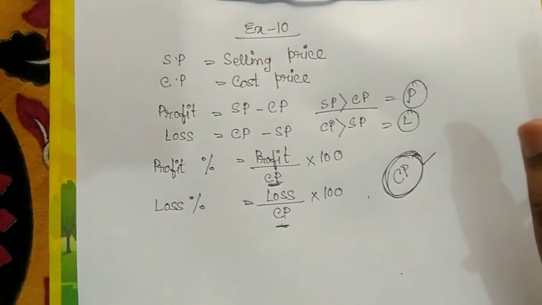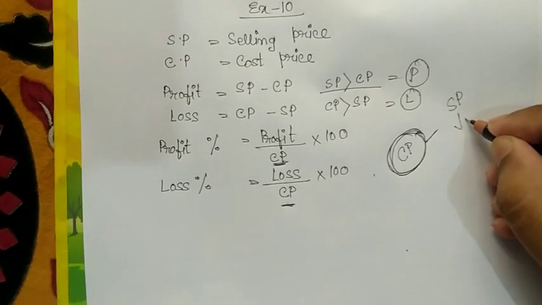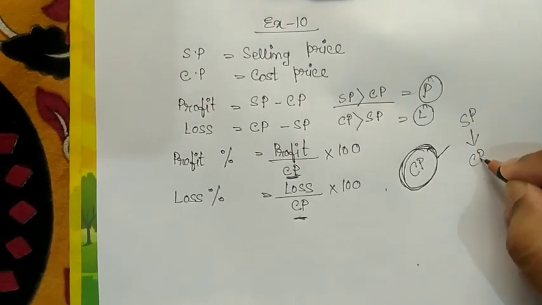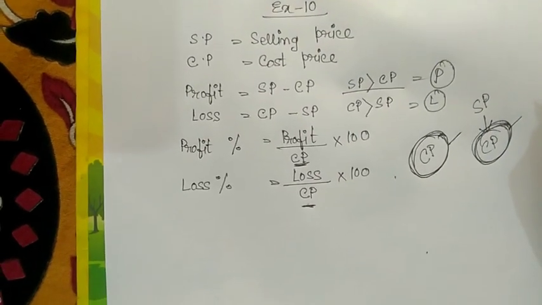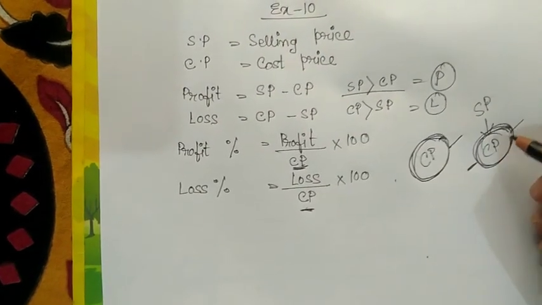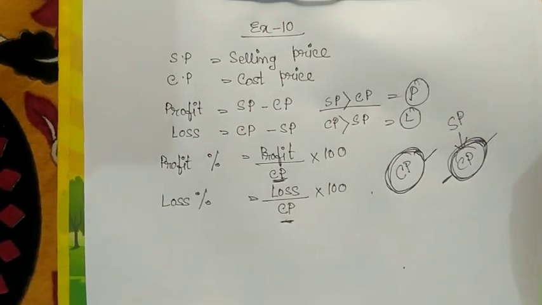But if SP is given, first of all, from SP you have to find CP. From CP the profit and loss occurs. So CP is a very important aspect in this chapter.